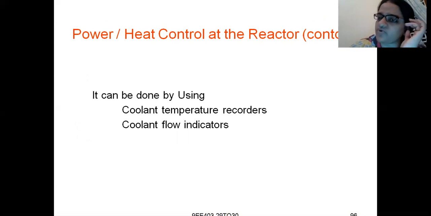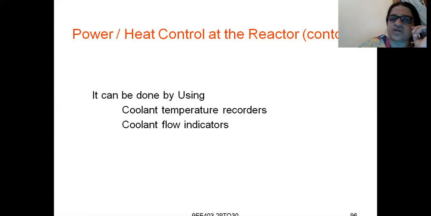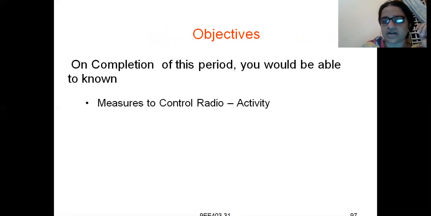So what is a coolant flow indicator? It shows whether less or more coolant is flowing, and the speed at which the coolant is flowing also plays an important role. So this is power or heat control at the reactor. It can be done by using these two.